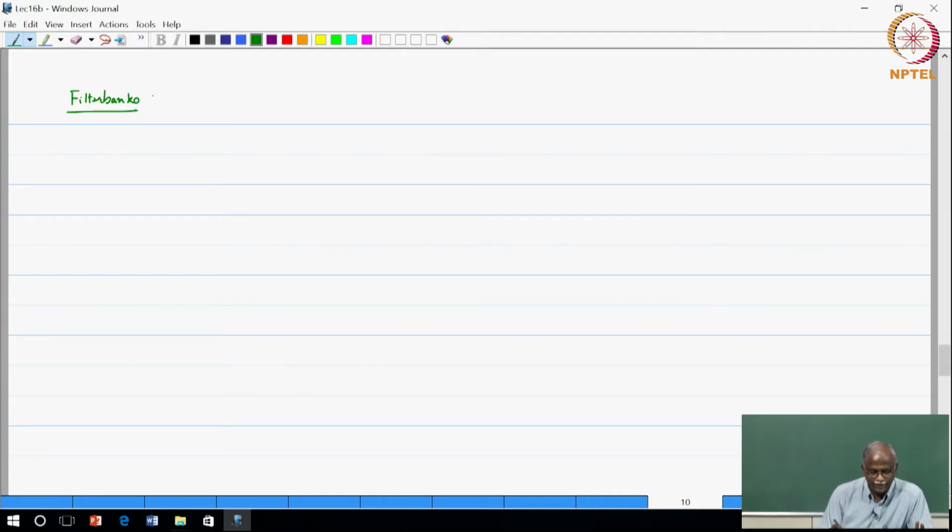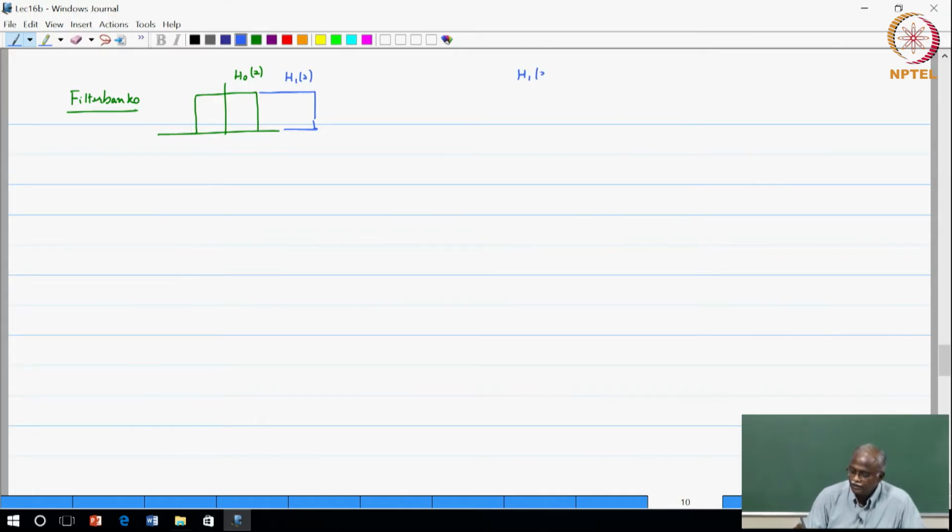So, filter banks, we already said that the basic operation that we will get is through a modulation, right, which will shift this. If this is H0 of z, this is H1 of z, and we said that H1 of z is H0 of zW.